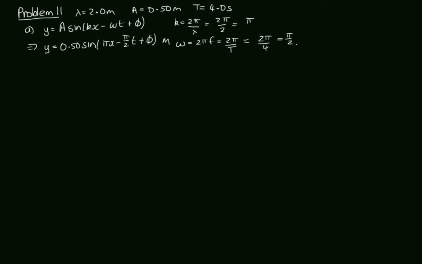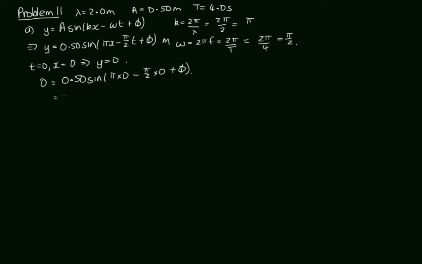Now what we're going to need to do is work out this phi, and in order to do that, we're going to need to use our starting conditions, which were that at t equals 0 and x equals 0, we have y equals 0. So we have 0 is equal to 0.50 sine(pi times 0 minus pi on 2 times 0 plus phi).